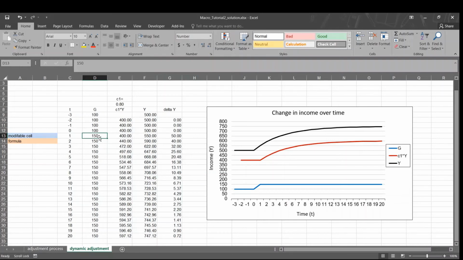If we kept the 150 until period 20, the adjustment process is also reflected in the change in delta, where we say consumers are consuming a portion of the increased income, so they're actually consuming 0.8 of the increased income, and this is reflected in the delta of our Excel sheet here.